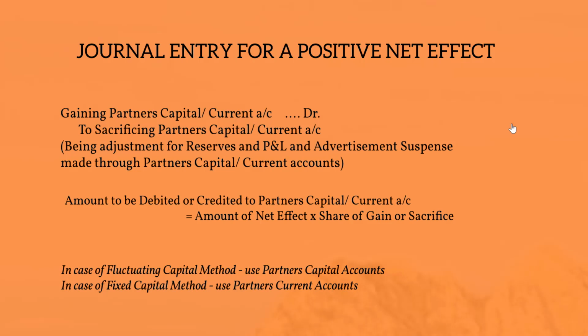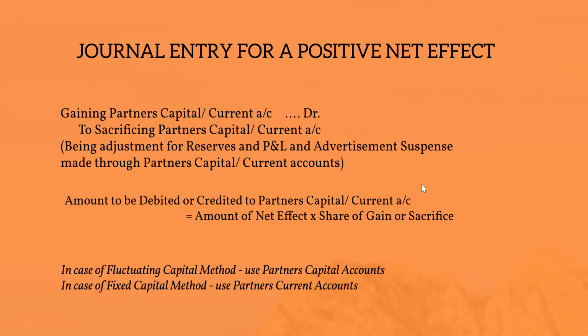And the amount which we have to debit the gaining partner for and credit the sacrificing partner for will be the amount of the net effect multiplied by the share of gain or sacrifice. Share of gain in the case of a gaining partner and share of sacrifice in the case of the sacrificing partner.